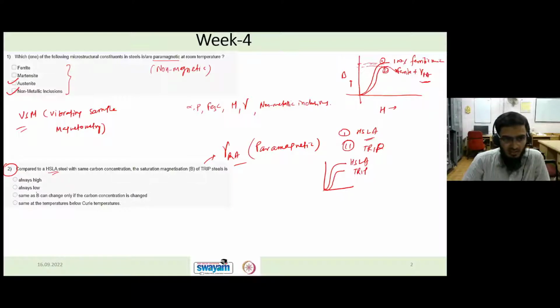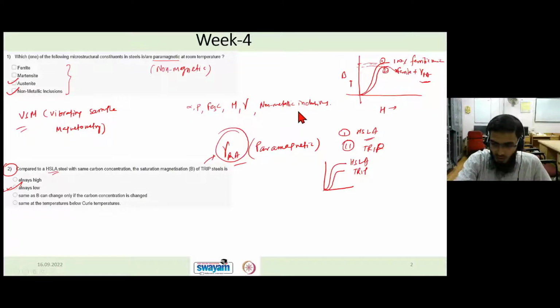So the right answer is low, always low. Compared to HSLA steel with the same carbon concentration, the saturation magnetization of TRIP steel is always low due to the presence of retained austenite in its microstructure.